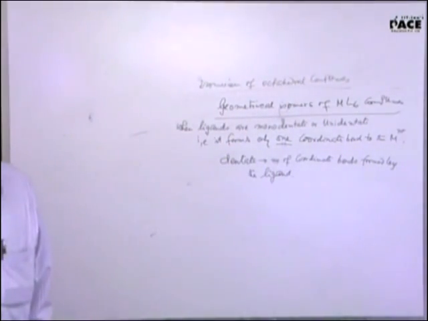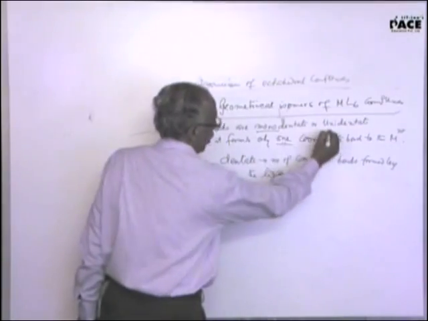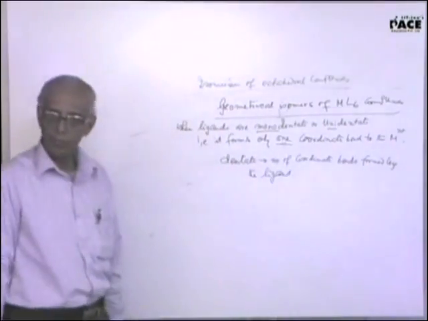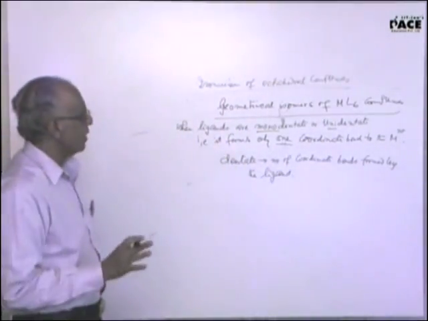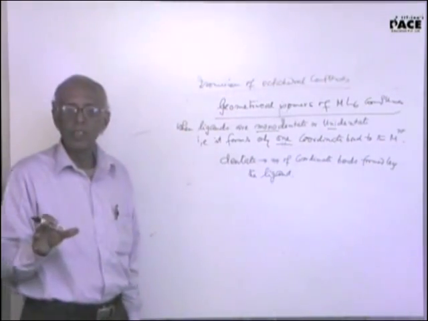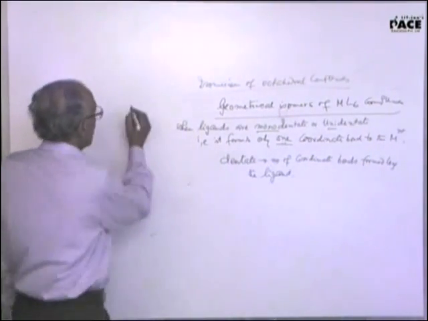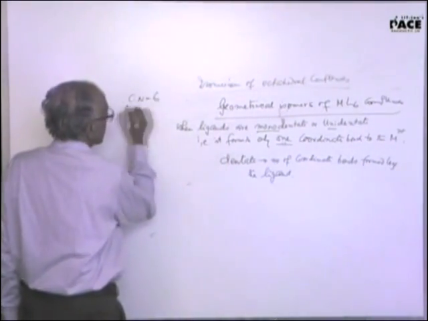Dentate means the number of coordinate bonds the ligand forms with the metal. When the ligand forms only one, it's called monodentate or unidentate. So we'll start with when all the ligands are monodentate ligands, and the coordination number is 6.